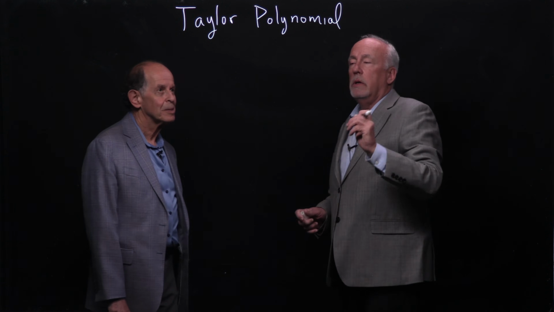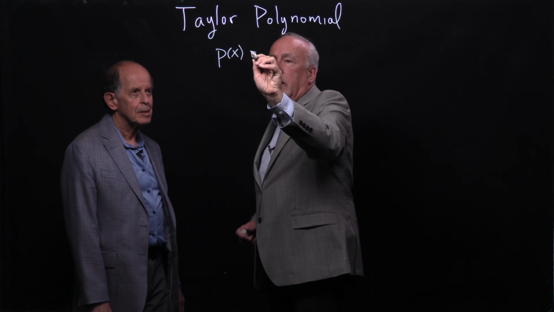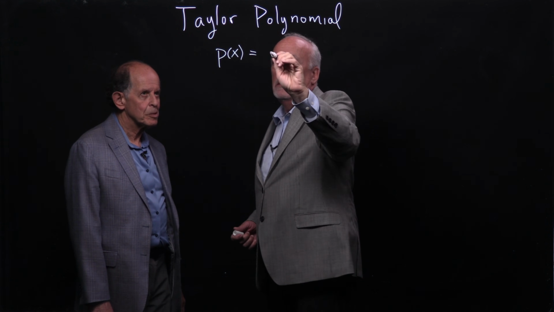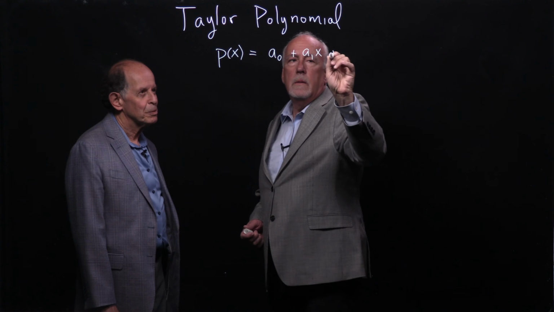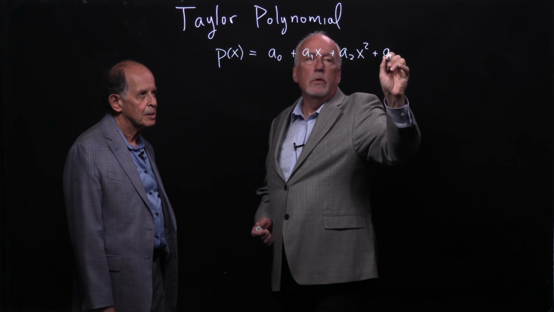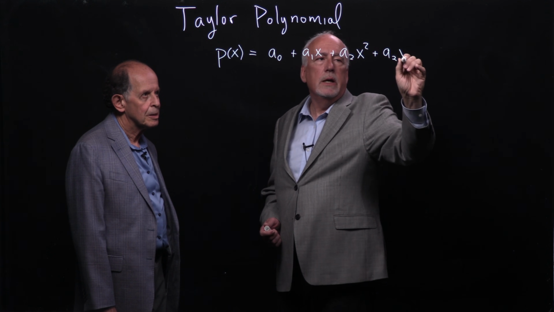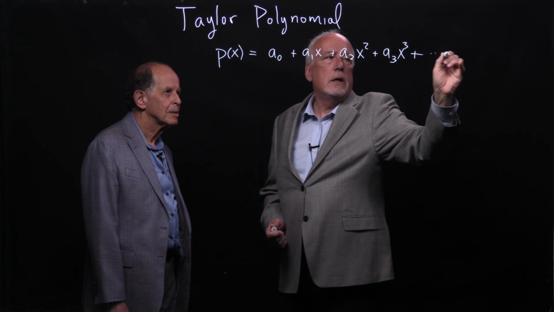Okay, so Taylor polynomial, it's a polynomial. It could have degree up to, say, degree n. So you're going to have a0 plus a1x all the way up. Let's do a few of them explicitly, and then we'll worry about the last one at the end. a3, and then dot, dot, dot. And it does end.